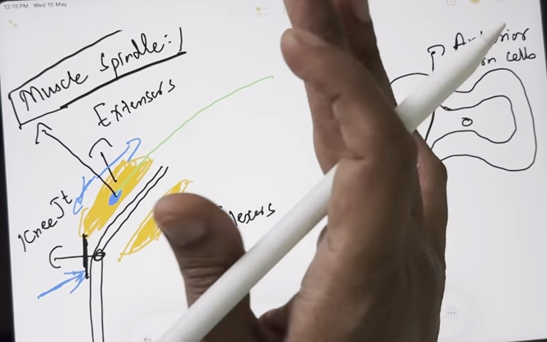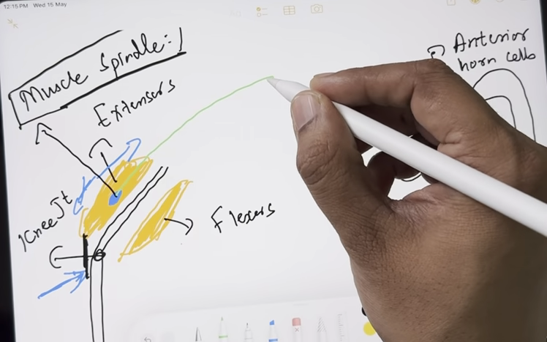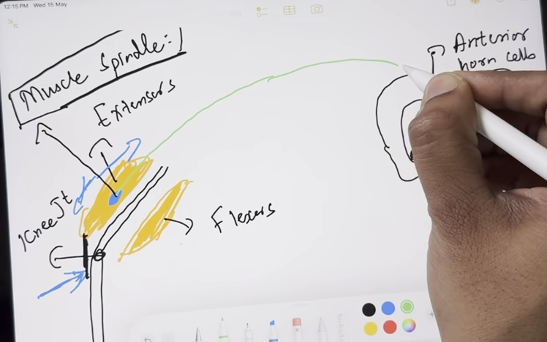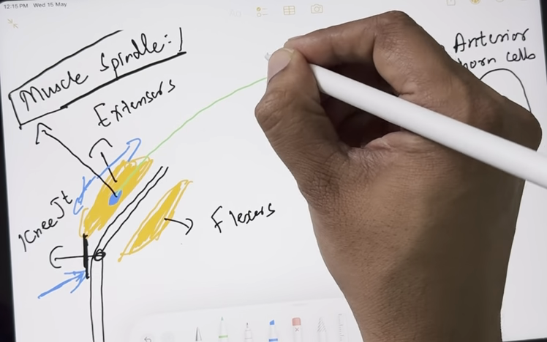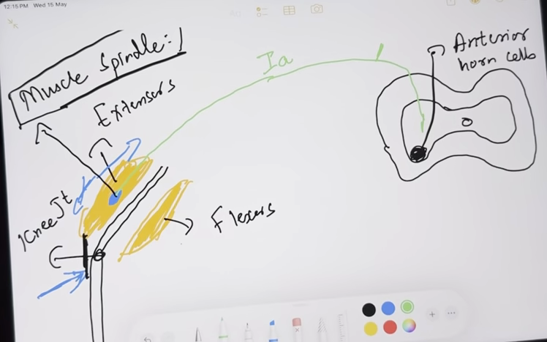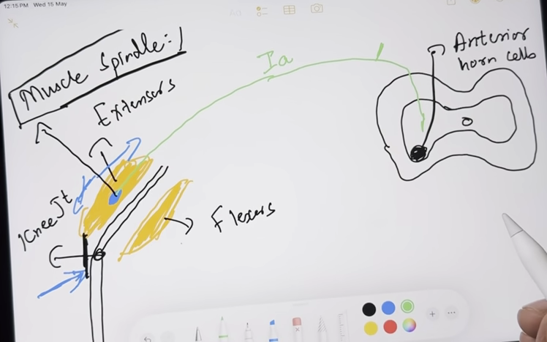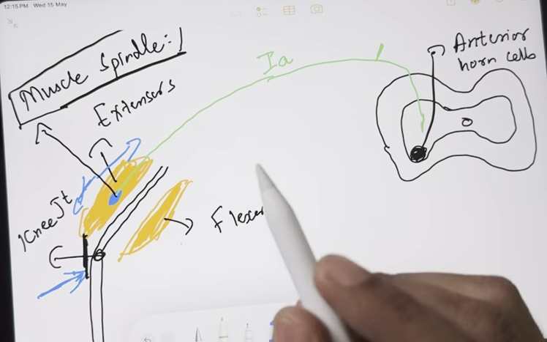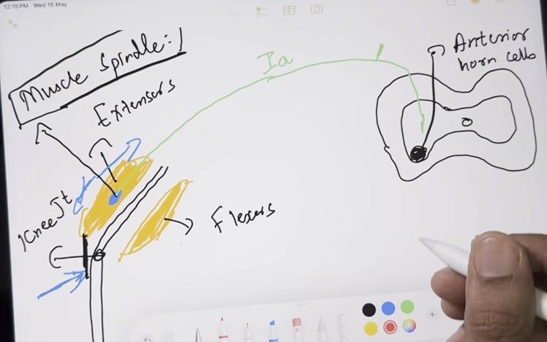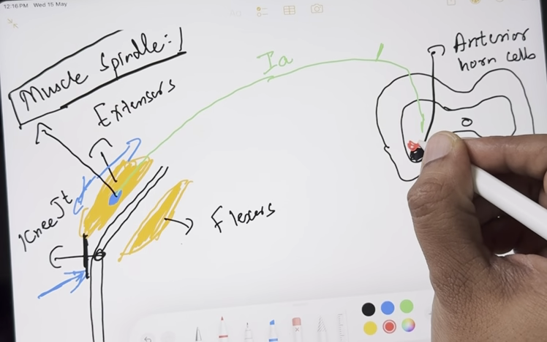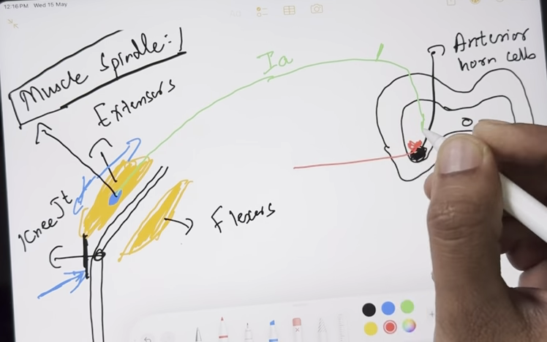Whenever the muscle is stretched, the sensation is carried through the sensory nerves and goes to the posterior side, the dorsal horn of the spinal cord, through the 1A nerve fibers, and also type 2 from the nuclear chain fibers. Nuclear bag and chain fibers go through 1A fibers. Now it synapses with the alpha motor neuron present in the spinal cord.